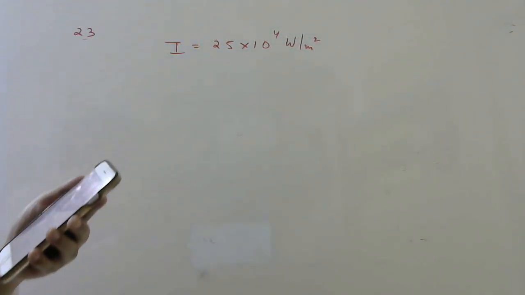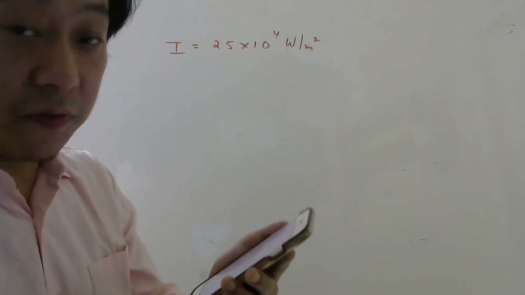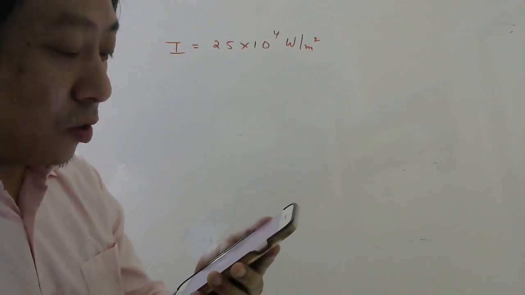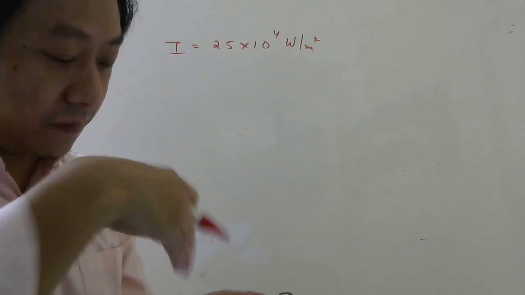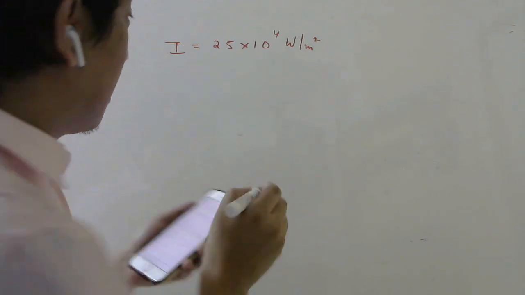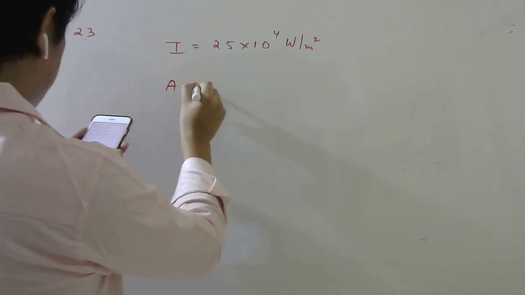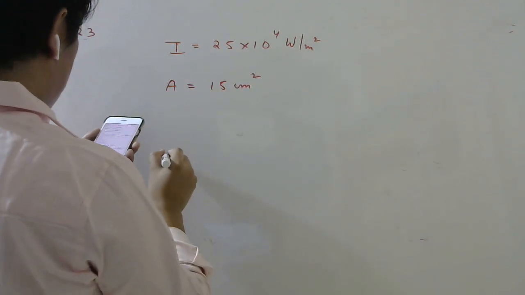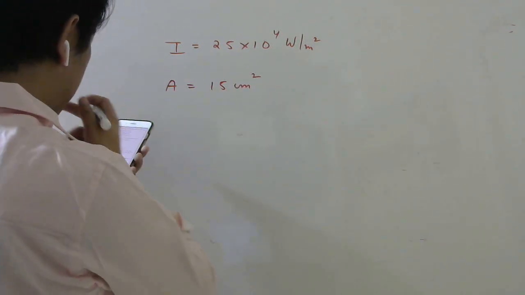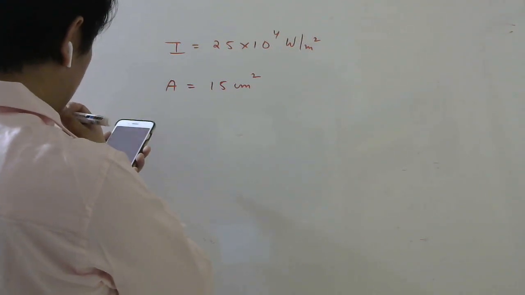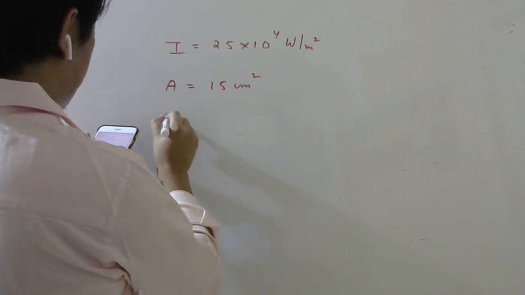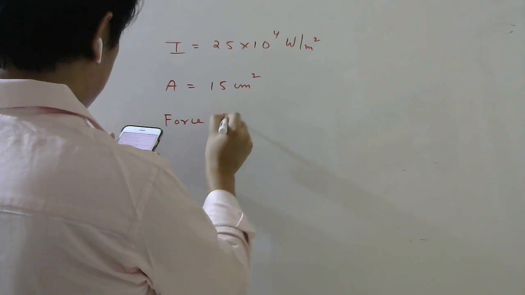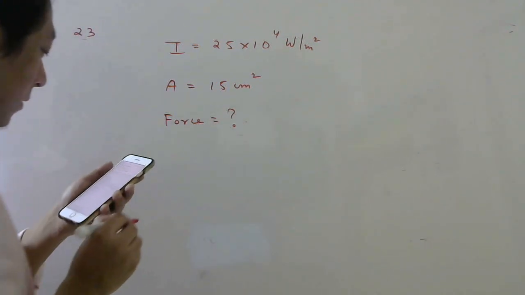It falls on a perfectly reflecting surface at normal incidence. If the surface area is 15 centimeter square, then the average force exerted, force they want.